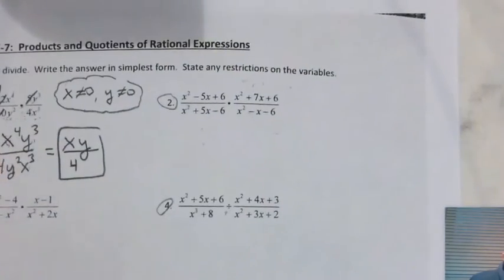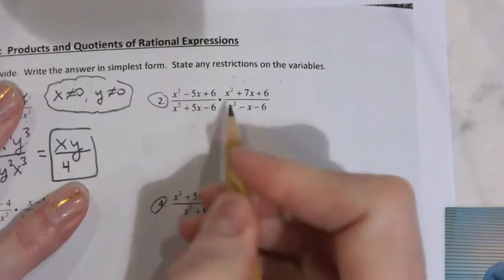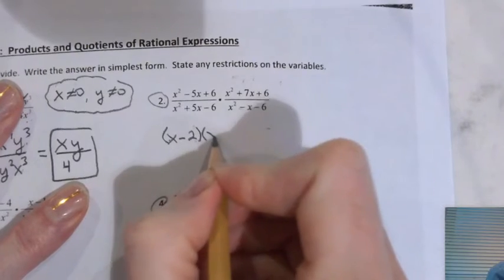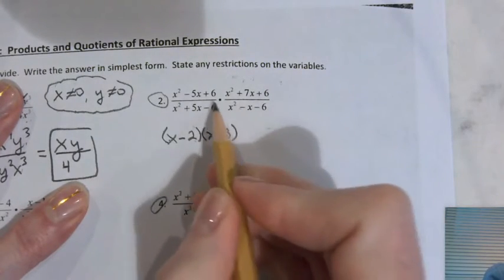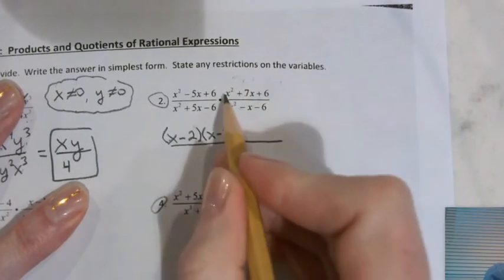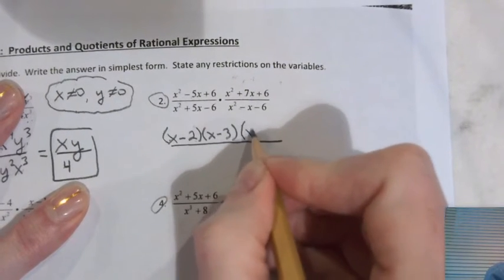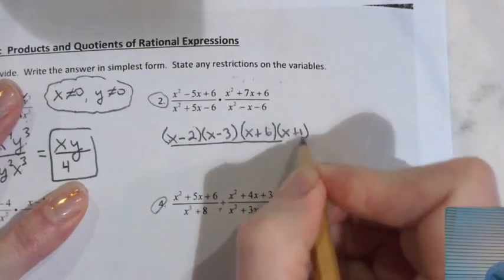Okay, so this one right here, we're going to factor everything first. So x squared minus 5x plus 6 factors into x minus 2, x minus 3. We're multiplying, so we actually can simply multiply this times this across the top. And we get x squared plus 7x plus 6 factors into x plus 6 times x plus 1.